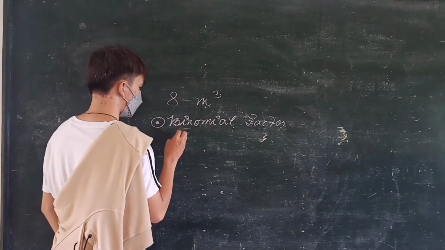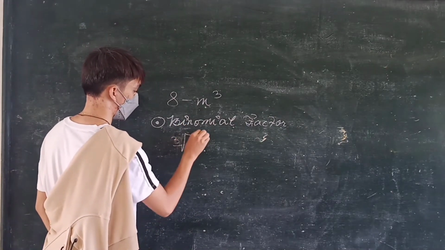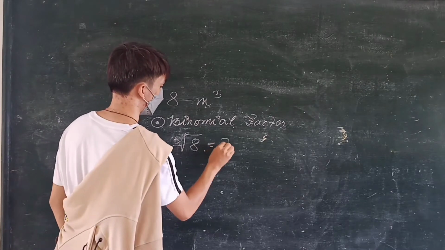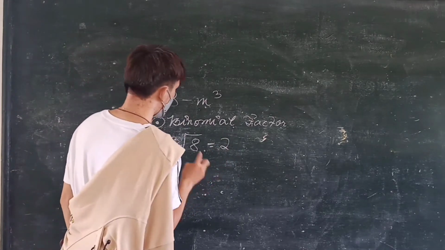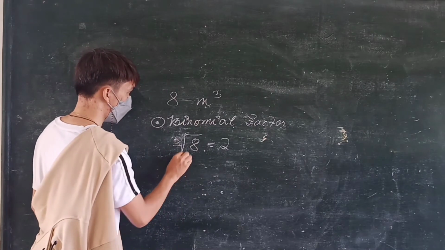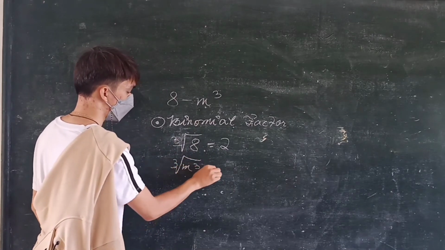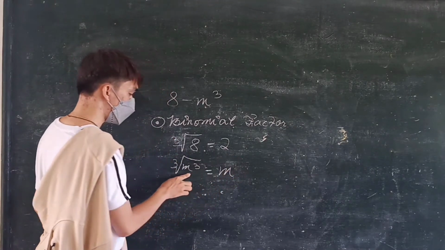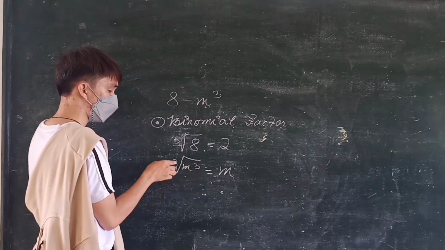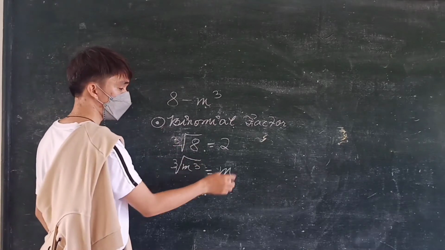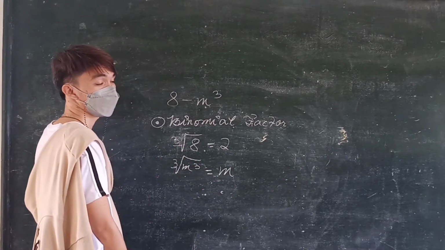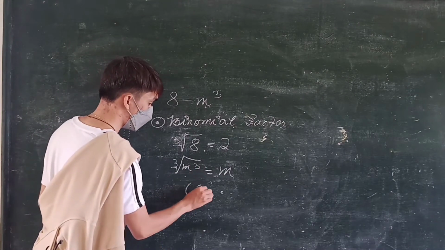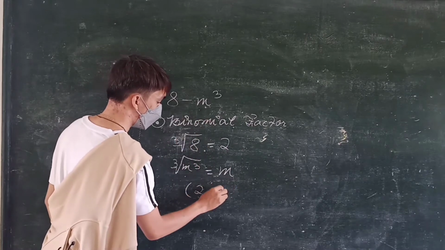So the cube root of 8 is 2. And the cube root of m cubed is m. Why m? Since 3 divided by 3 is 1, no need to write the exponent 1. So, our binomial factor is 2 minus, copy the sign, m.